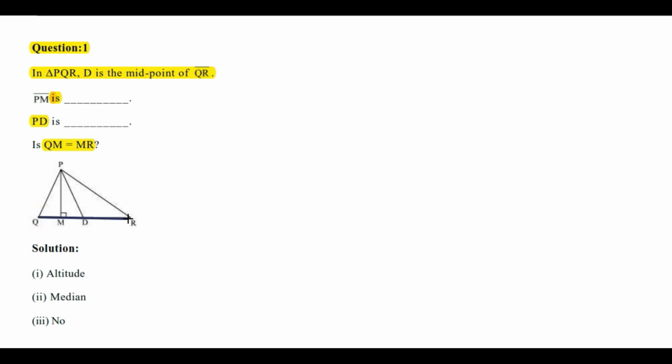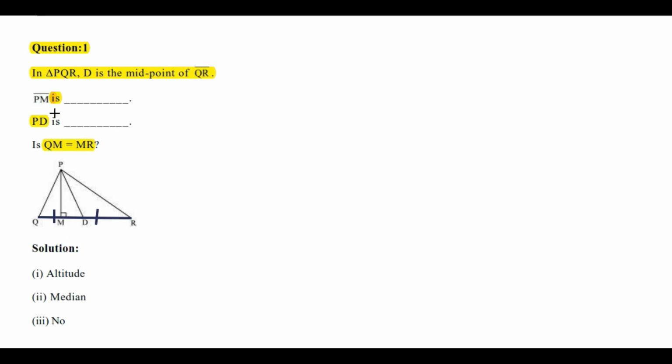So this is the line QR, where D is the point which is a midpoint. What does it mean? It means that the line QD is equal to DR. Why? Because D is the midpoint.